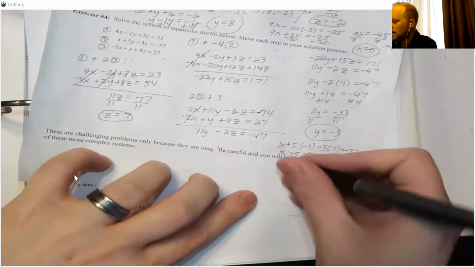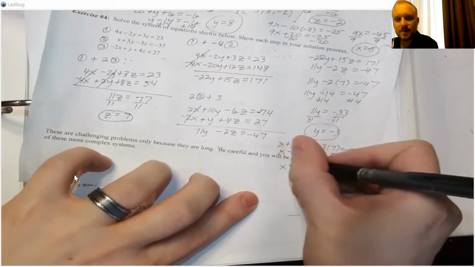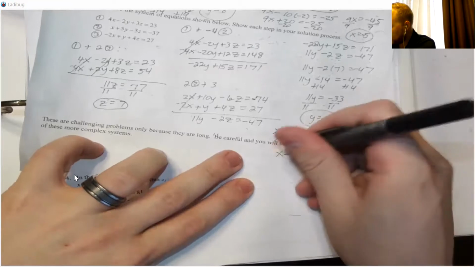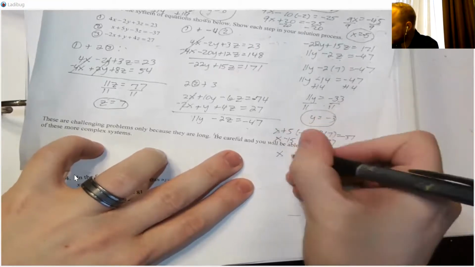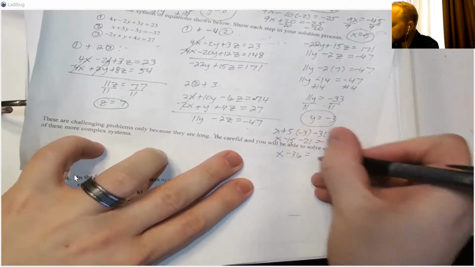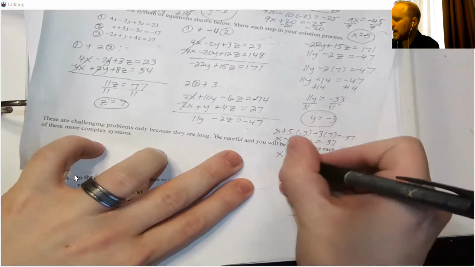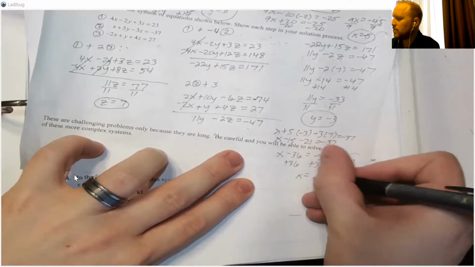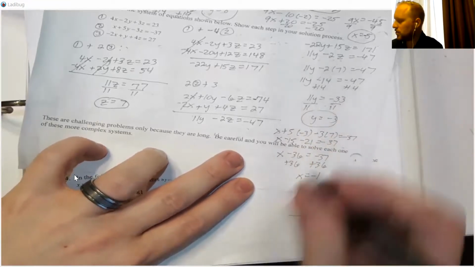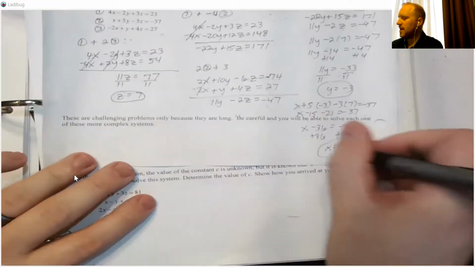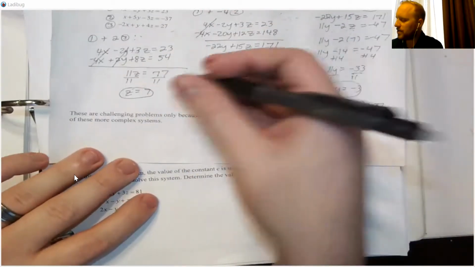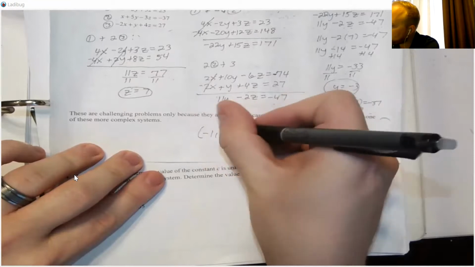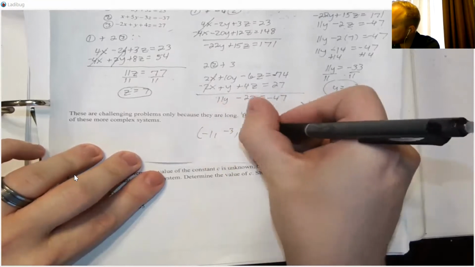I'm going to combine like terms, so I got x minus 36 is equal to -37. I'm going to add 36 to both sides. I got x equals -1. So I found all of my variables, x, y, and z. We write it as a point. So that point would be -1, comma, -3, comma, 7.